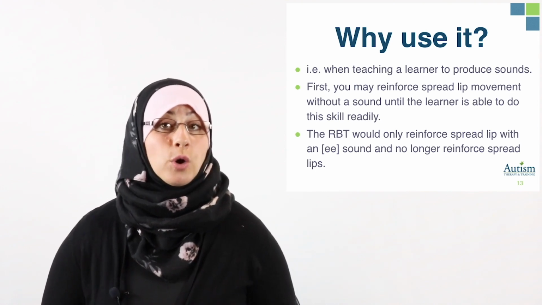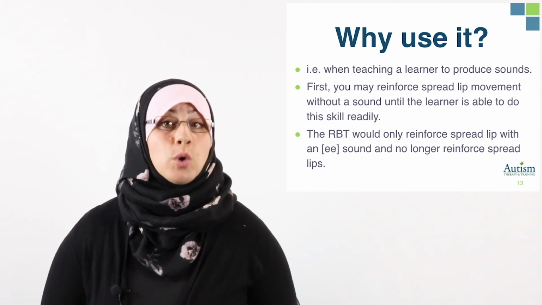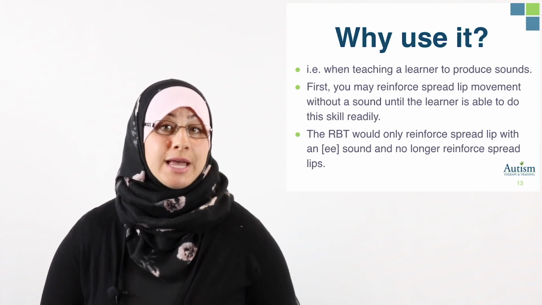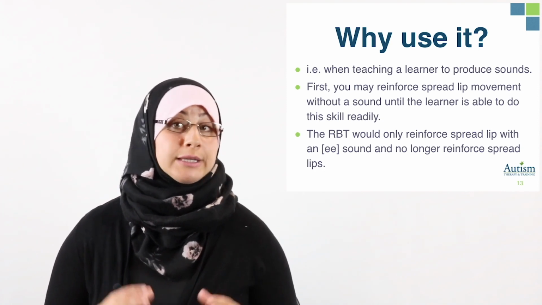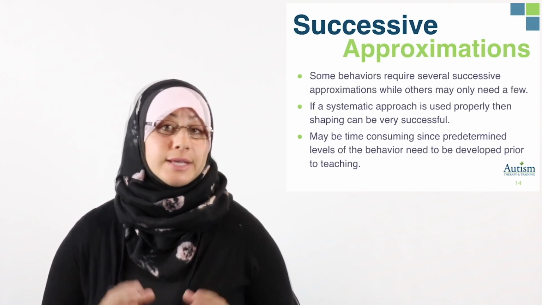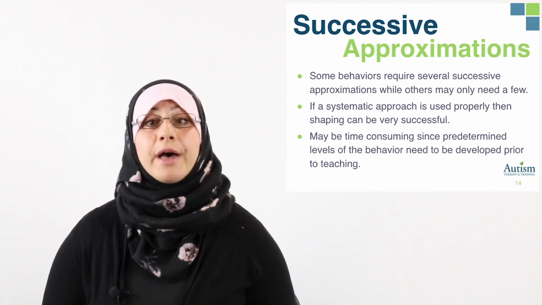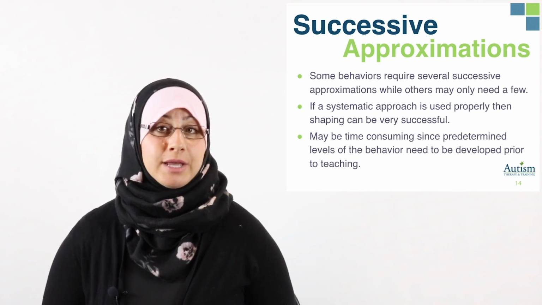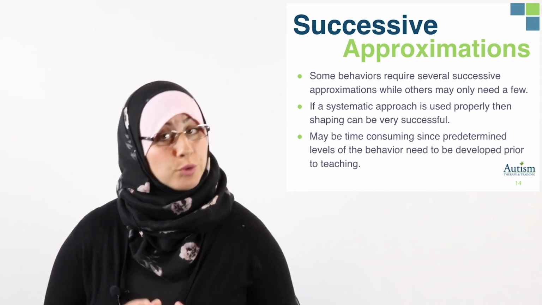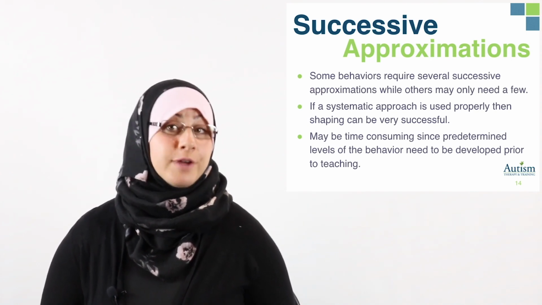The RBT would only reinforce spread lip with an E sound and no longer reinforce spread lips, and so on. Some behaviors require several successive approximations, while others may only need a few. If a systematic approach is used properly, then shaping can be very successful.